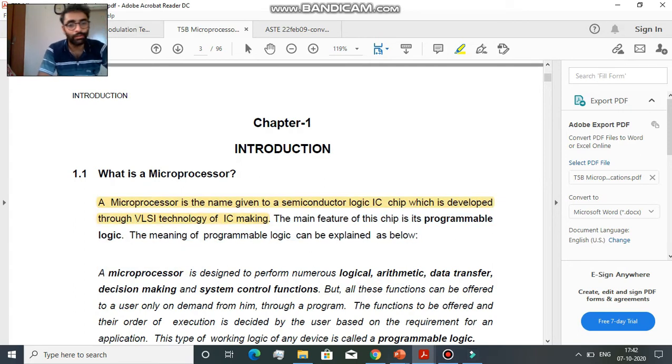This is the first important thing that you should note for your definition. And the main feature of this chip is its programmable logic.